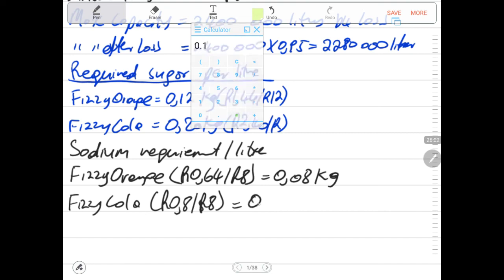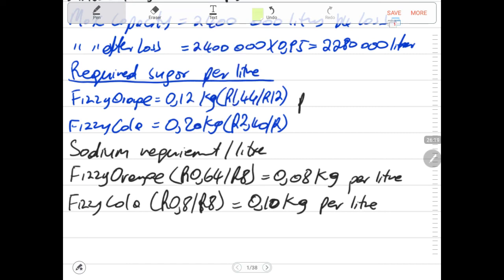Then we need 0.10 kgs of sodium to complete 1 liter. That is kgs per liter. And these are the kgs that are also per liter, and these kgs are also per liter.